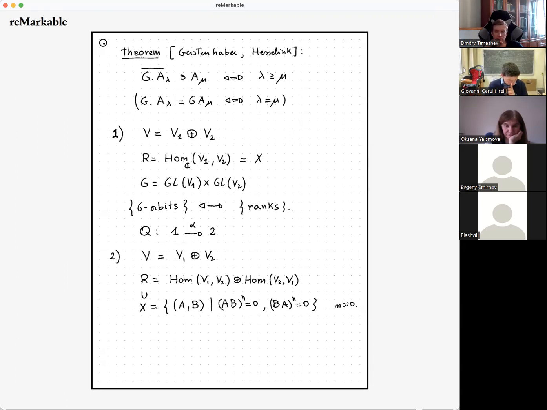Okay, so we fix n, and this case is considered by Kraft-Procesi in their famous paper. And it corresponds to the quiver having, again, 2 vertices, but 2 arrows, one going from 1 to 2 and the other one from 2 to 1.